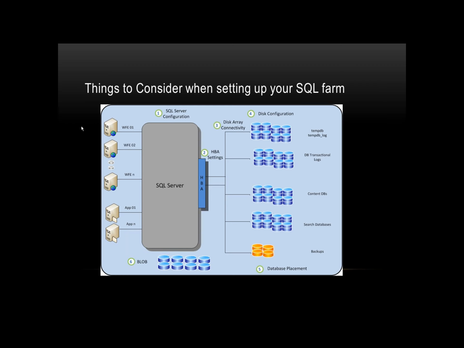The fourth item we also need to be aware of is your disk configuration. Obviously, the more spindles that we have, the greater the I/O that that particular LUN will be able to provide. So the more spindles, the better performance, because we are spreading the IOPS around over the spindles.